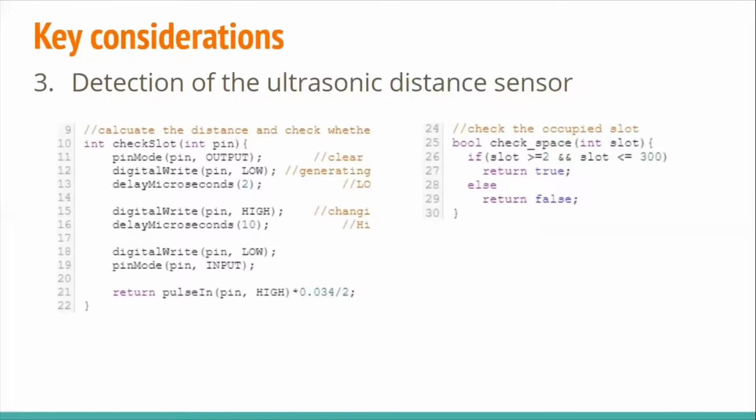Otherwise, it will return false. And these 2 functions will be added in the loop function so that the distance sensors will keep detecting the cars continuously once the system is turned on.